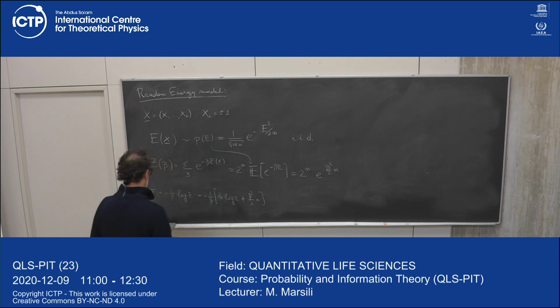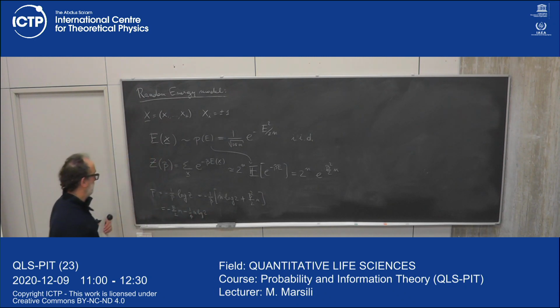Okay, so now this is minus beta over 2 times n minus 1 over beta times n log 2. Okay, so this is the free energy.